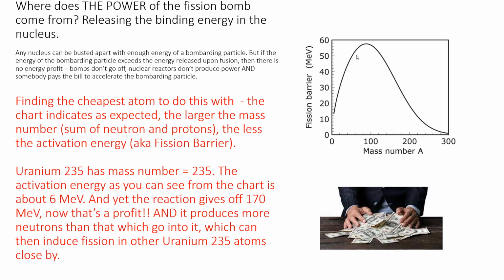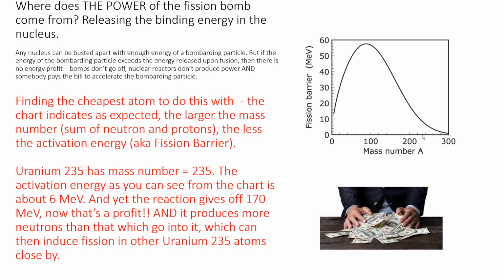The more stuff, the greater the forces. But as you start adding more and more, the thing gets larger and larger, and that strong nuclear force starts to drop off at a rate greater than that of the Coulomb force, which is trying to tear it apart. And eventually the fission barrier, the activation energy, becomes really, really low.